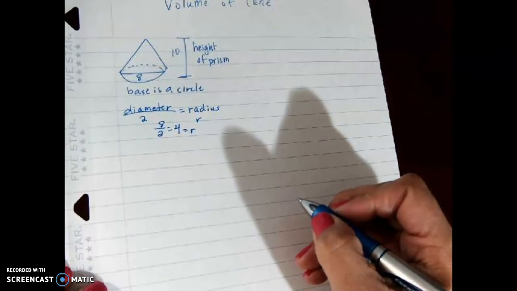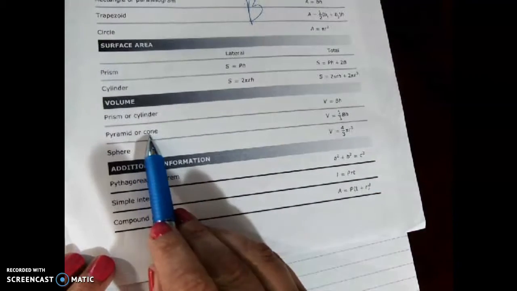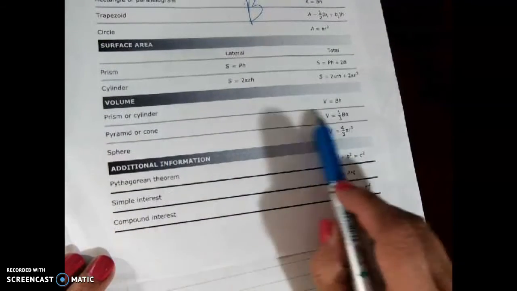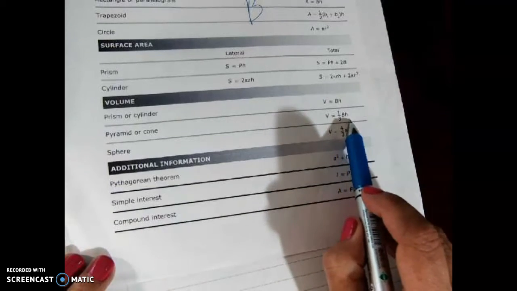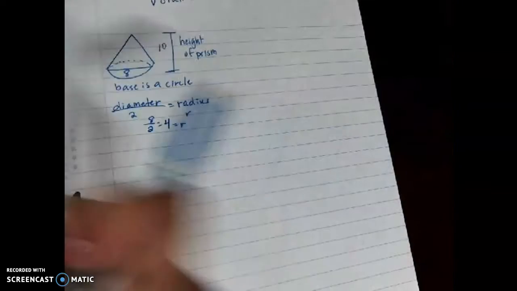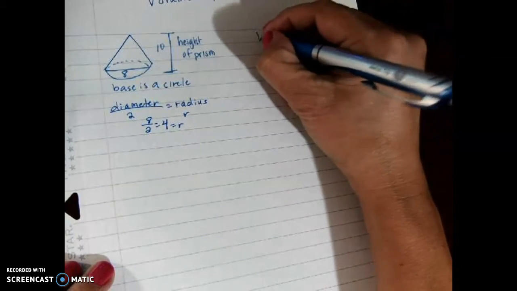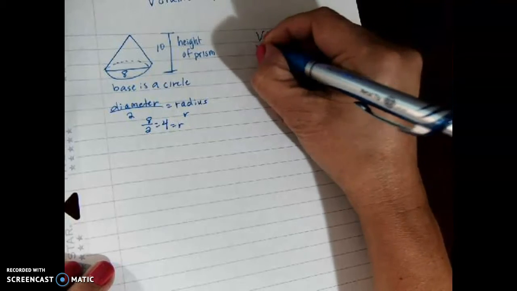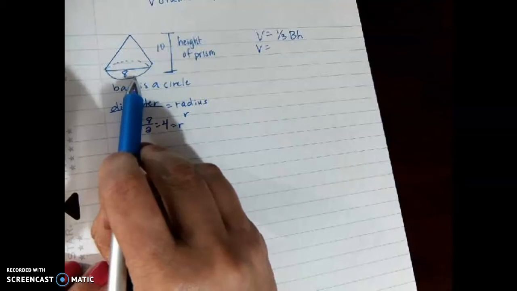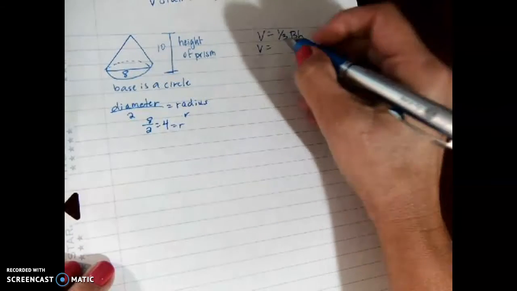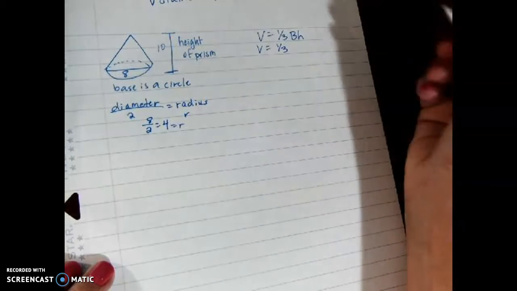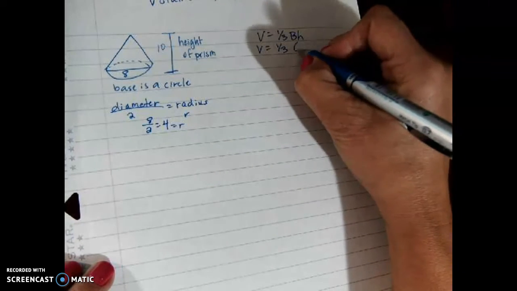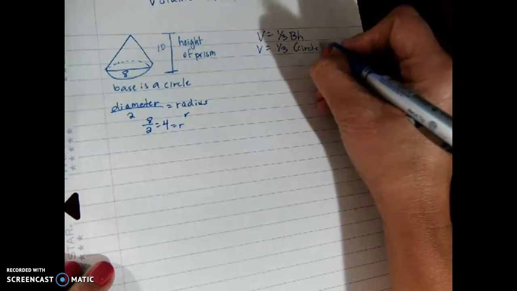All right, so let's look at the formula. The formula for volume of a cone is V equals 1/3 big B H. So V equals 1/3 big B H. The base shape is a circle, so we're going to keep the 1/3, put a circle right here, and then H for the height.